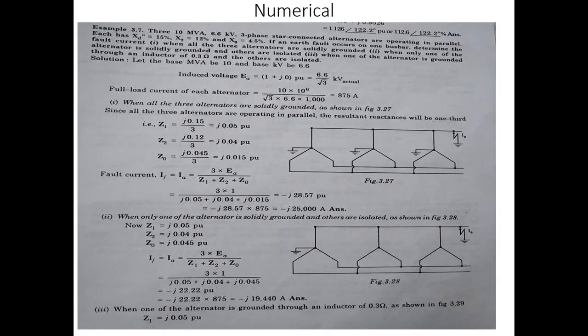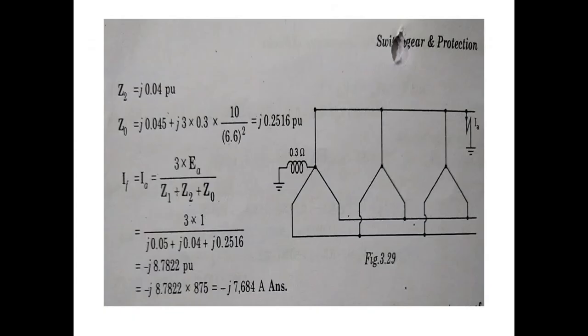So what will be the change? Positive sequence impedance will remain the same, Z1 is equal to J0.05 per unit. Negative sequence impedance will remain the same, Z2 is equal to J0.04 per unit.